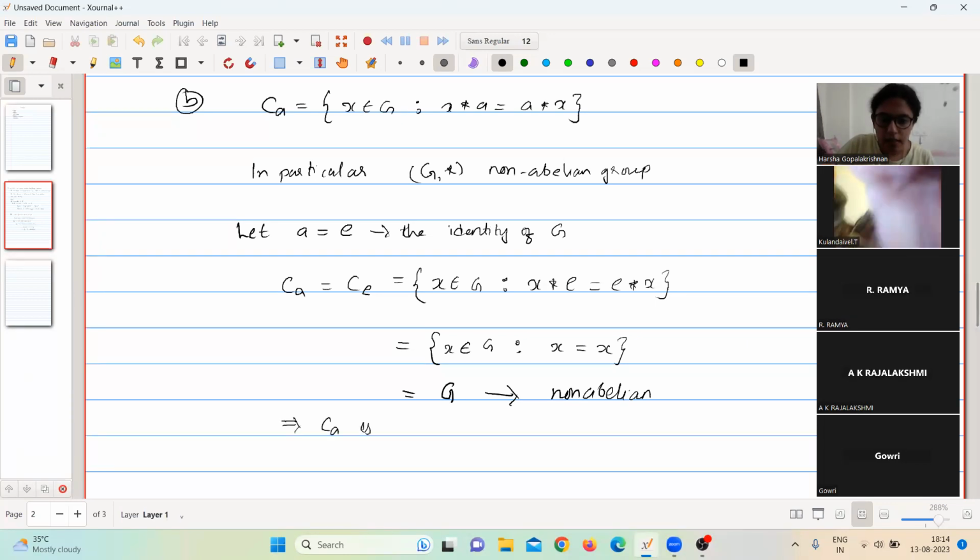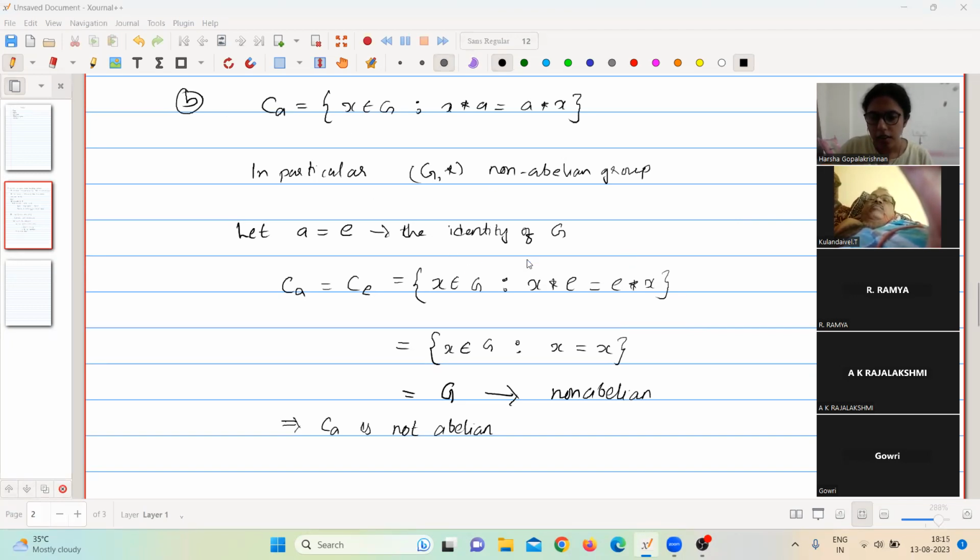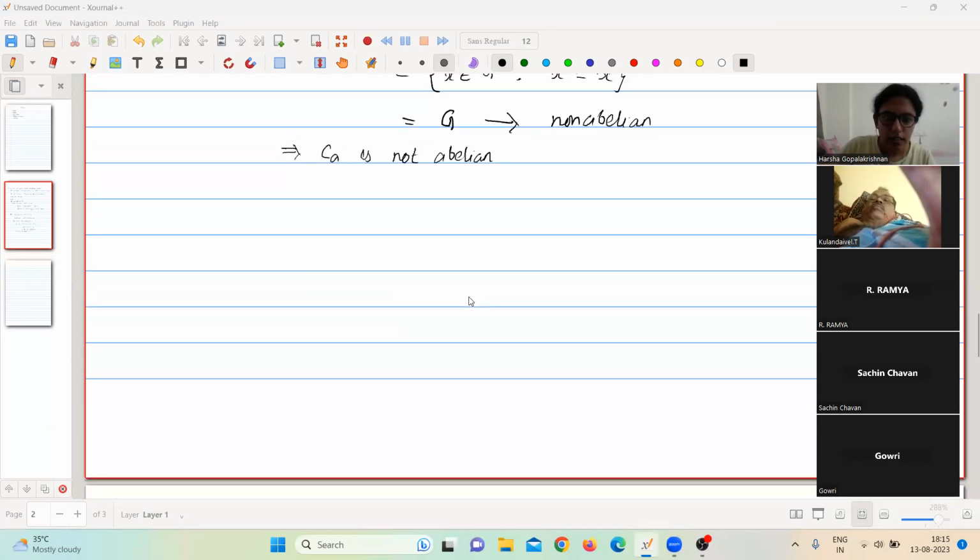CA is not abelian. So what we can say is, in every case, the group CA need not be abelian. Clear? Any doubt in this B part? If you have any doubt, please clear now itself. Okay, madam, no problem. So let's go to the second question.